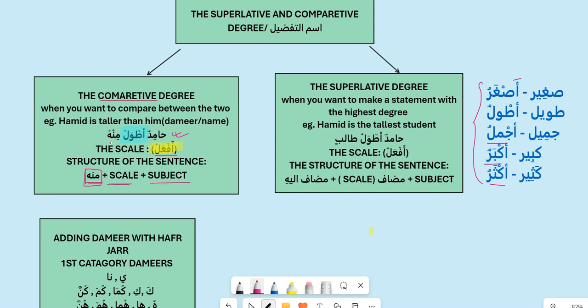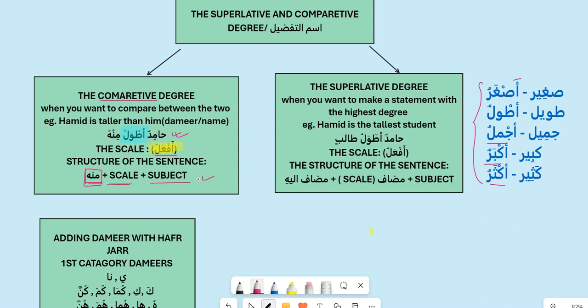So you will translate it as Hamid is taller than him. So this is our comparative degree. That's how you recognize. This is the first point of recognition. So the structure you will follow in the sentences: subject, scale, and then meaning.